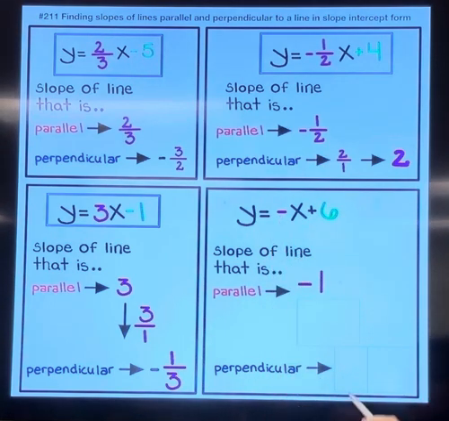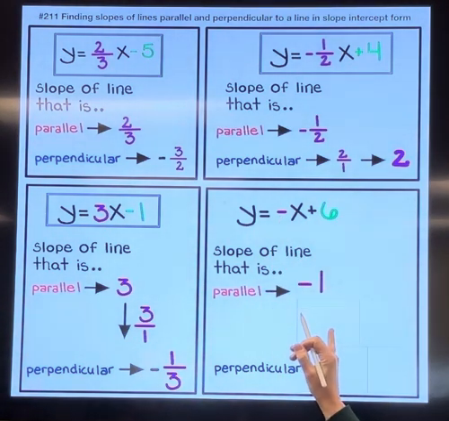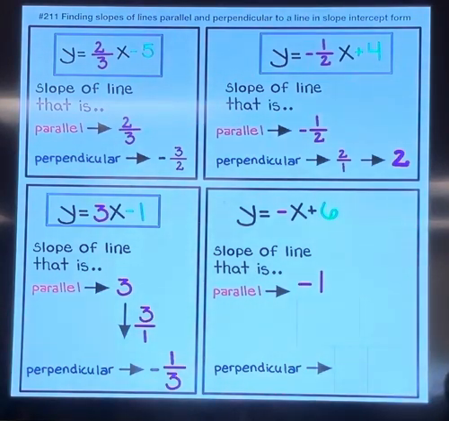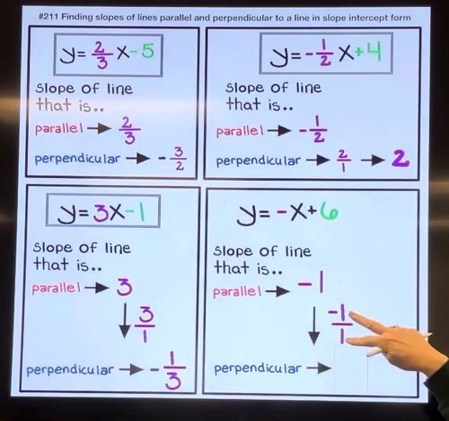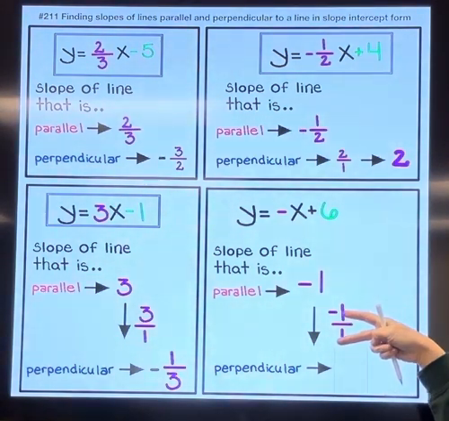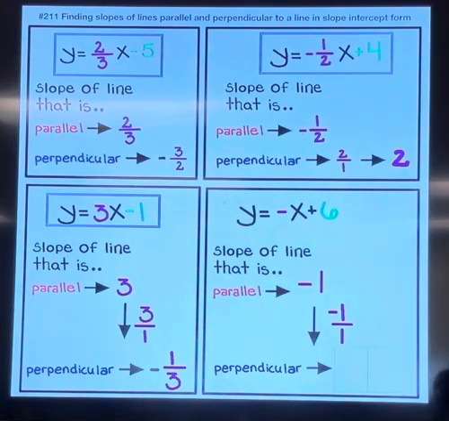Okay, and then I want to make a fraction out of that so that I can flip it over. So -1 is over 1. Anything perpendicular has an opposite sign. So since this one's negative, the perpendicular is positive, and I flip this over, 1/1 is still 1/1, and 1 divided by 1 is 1.